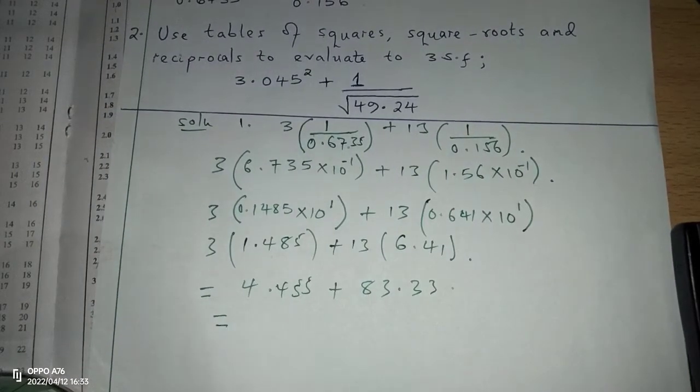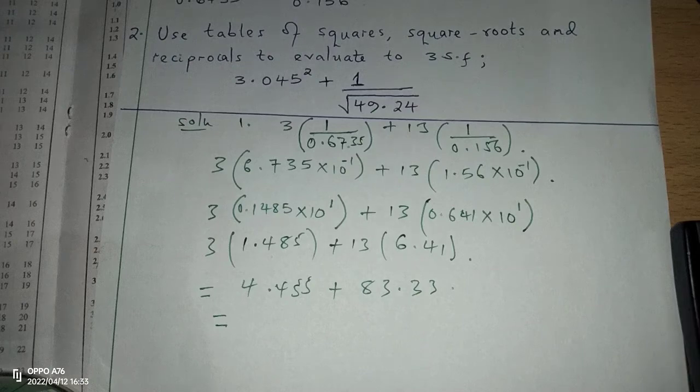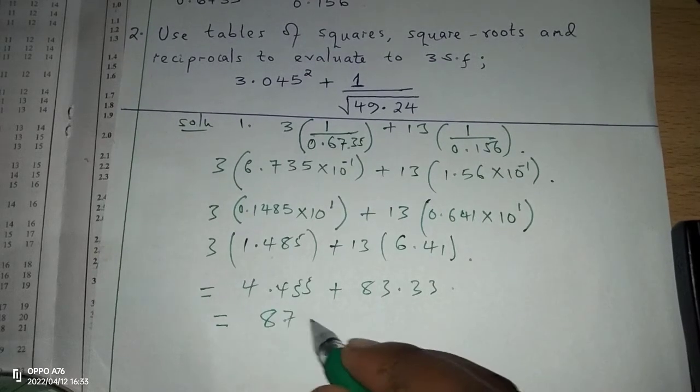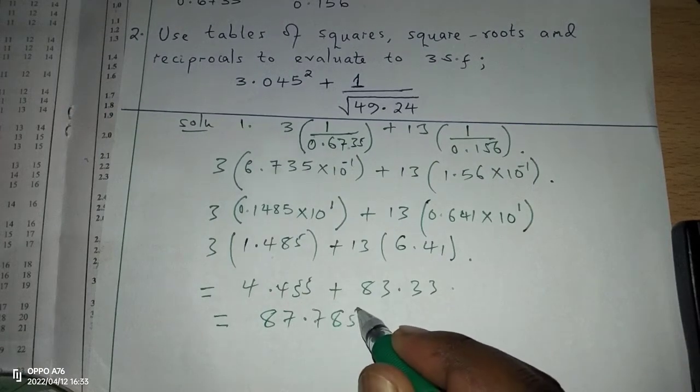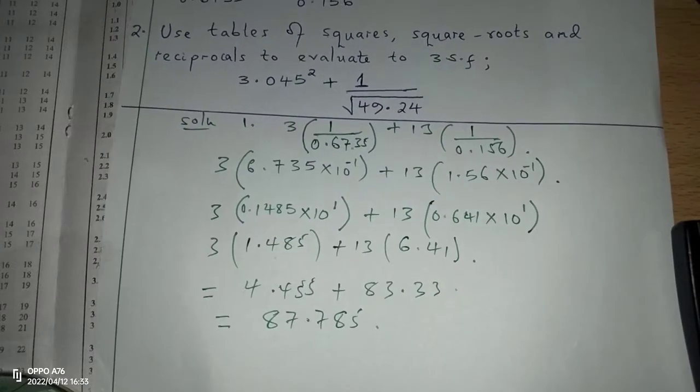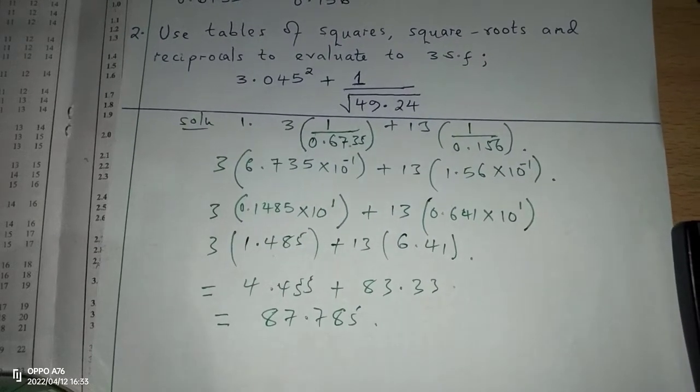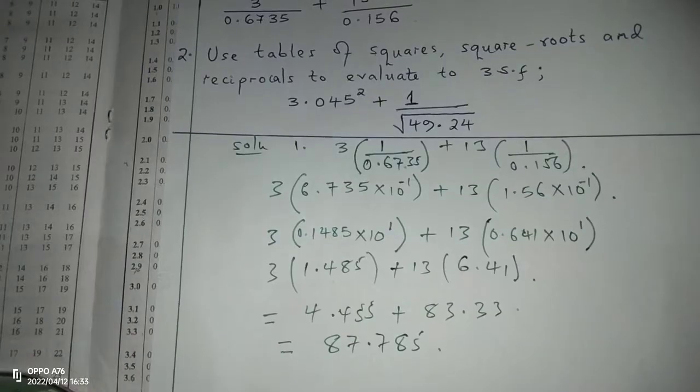So when we add the two, 4.455, this gives us 87.785. So that is going to be the final answer.